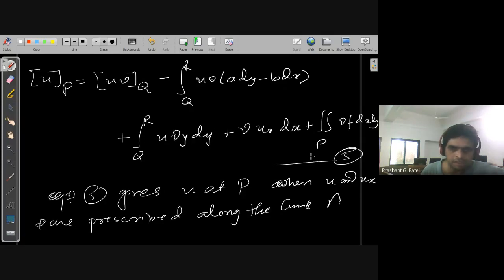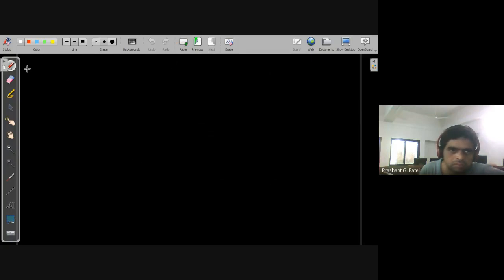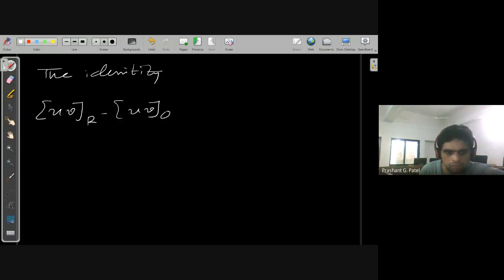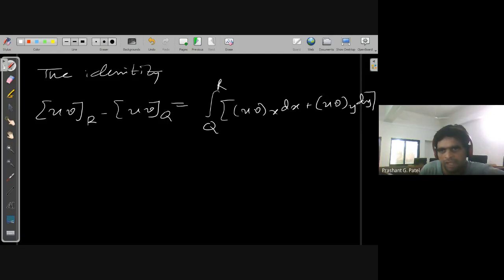And this quantity and the identity, PV at R minus PV at Q, is equal to integration from Q to R UV at X dx plus UV Y dy. Why do we get this?